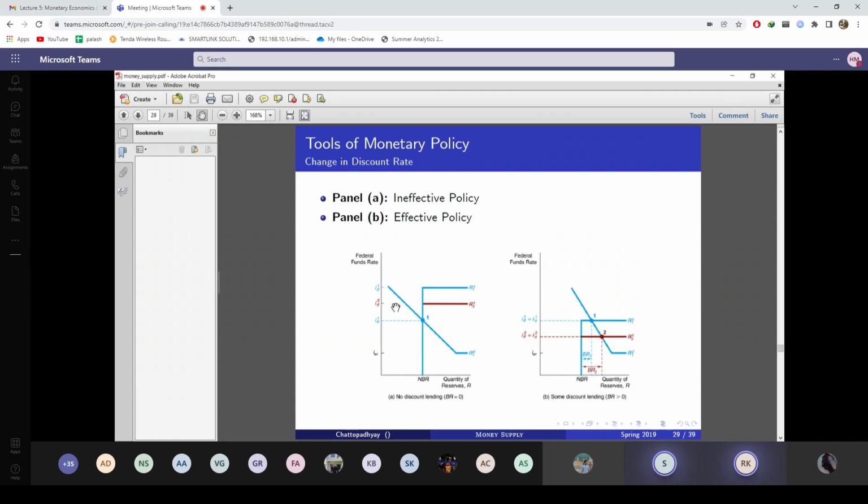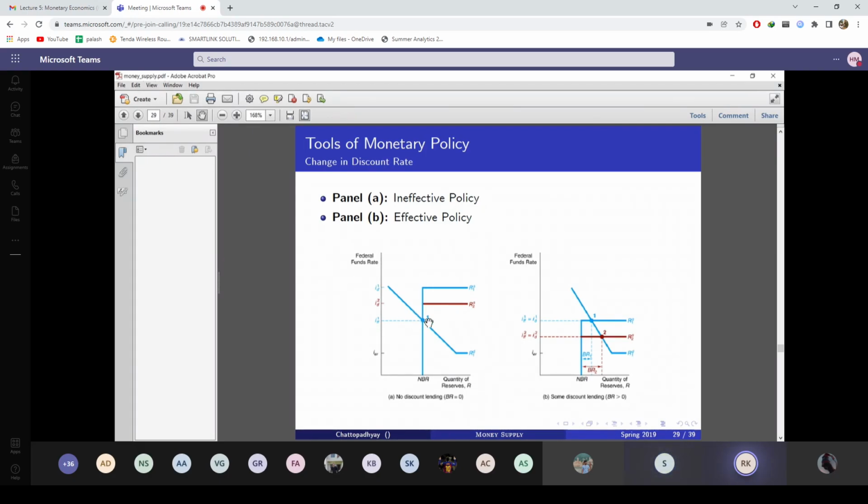This is the change in discount rate ineffective. This is the change in discount rate effective. It basically says that when your market clearing interest rate is below the discount rate, you keep on changing your discount rate. What happened? You see over here, the initial intersection between reserves demand and reserve supply is at point 1. Now, the central bank reduces its discount rate.